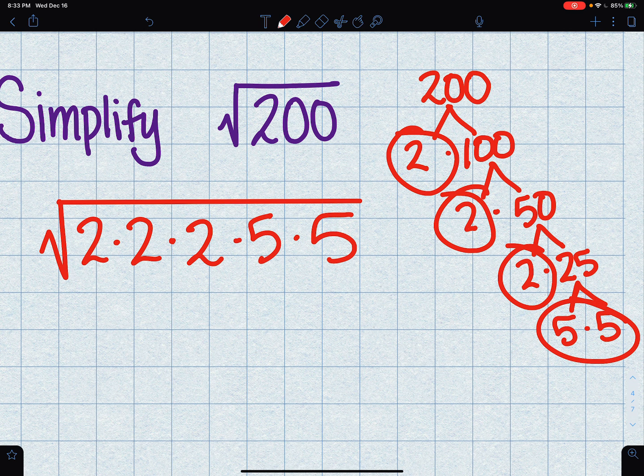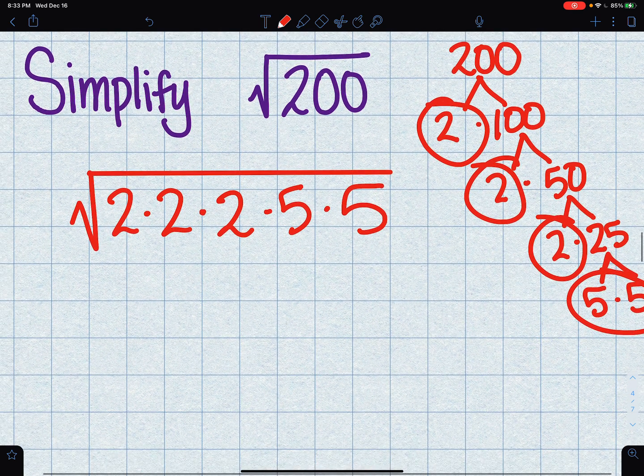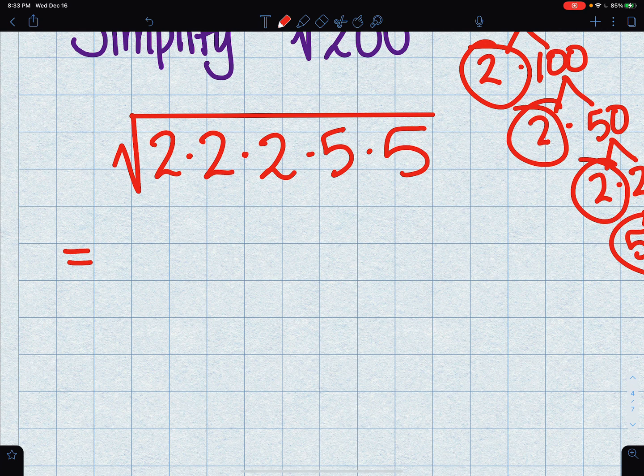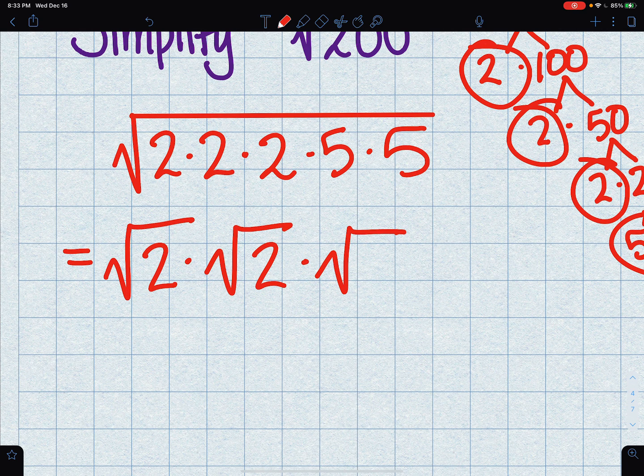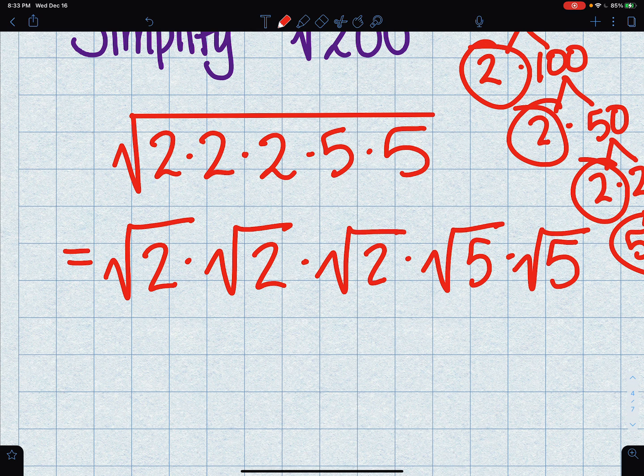Okay, and then this is going to be equal to the square root of 2 times the square root of 2 times the square root of 2 times the square root of 5 times the square root of 5. That's a tongue twister. Now, anytime it's squared, like this and this, then it just ends up being a 2 right there.